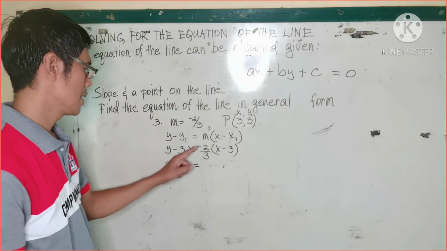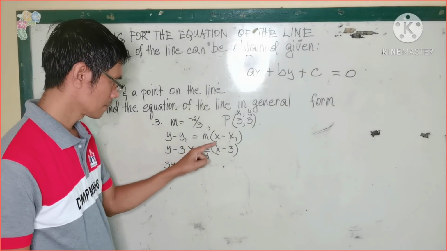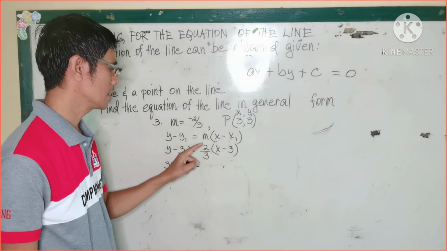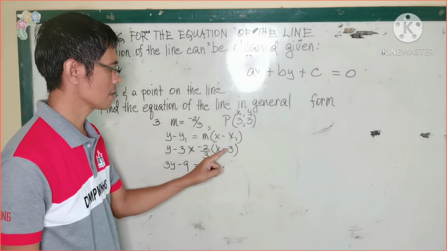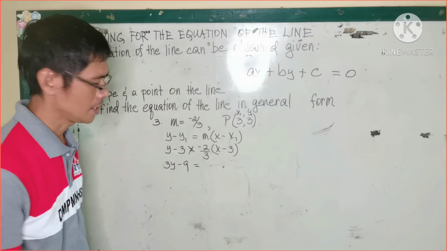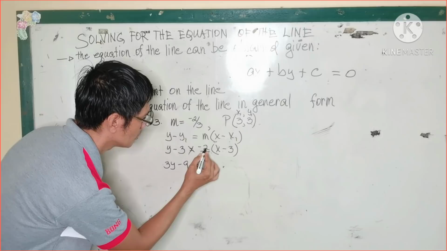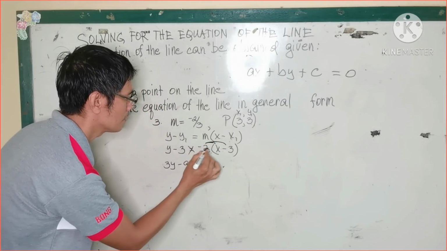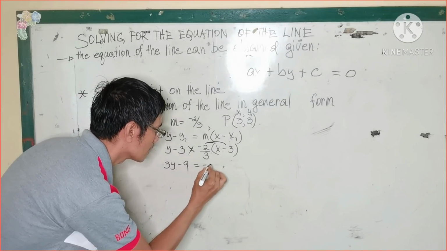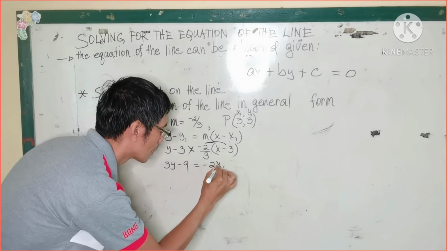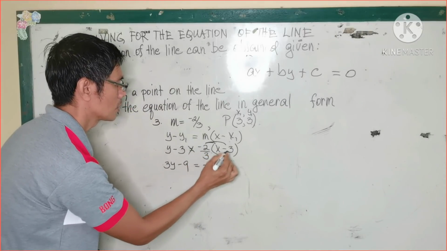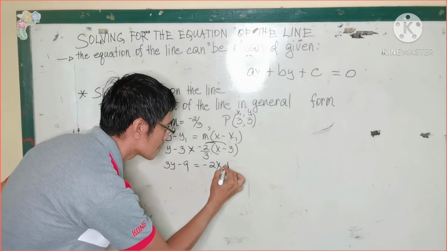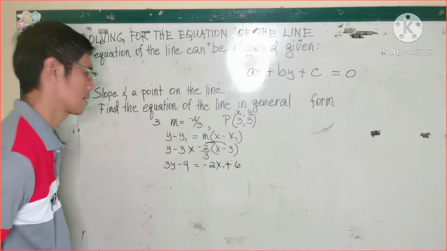Okay. Then multiply your negative 2 to each of your x and negative 3. Negative 2 times x, negative 2x. And negative 2 times negative 3, positive 6.